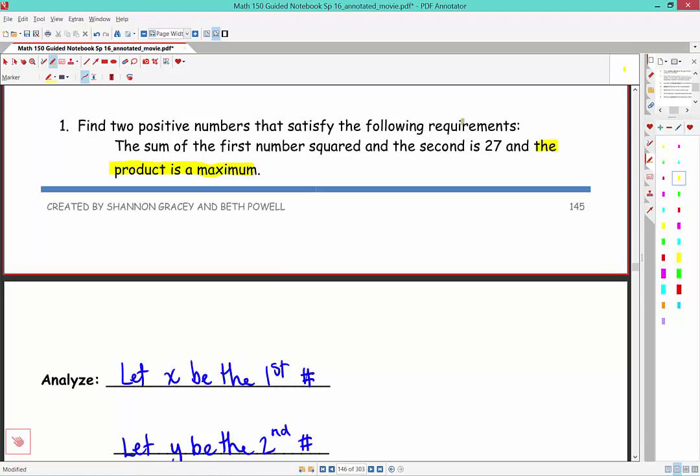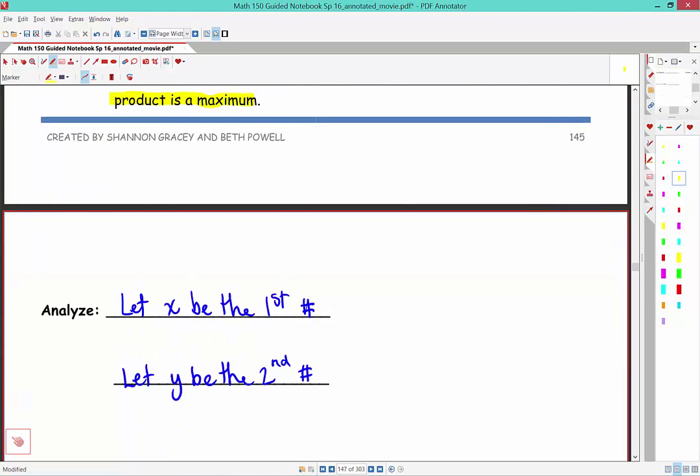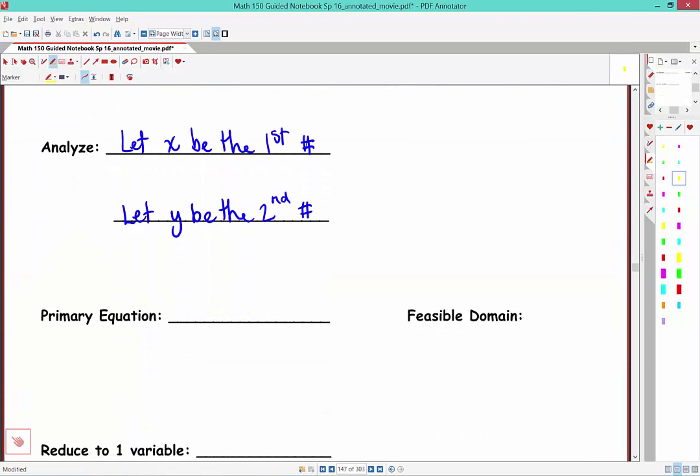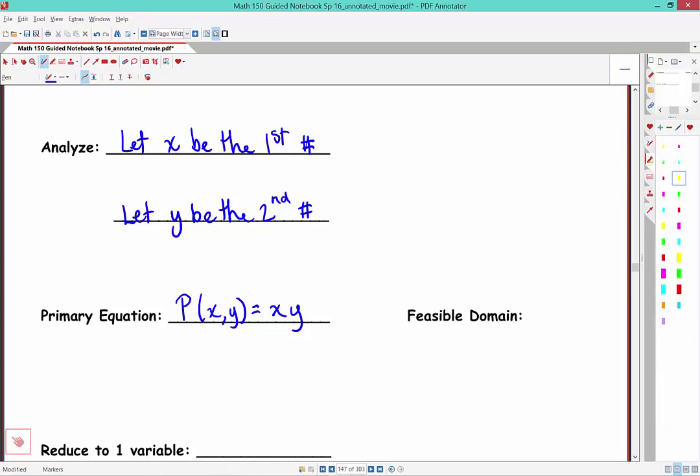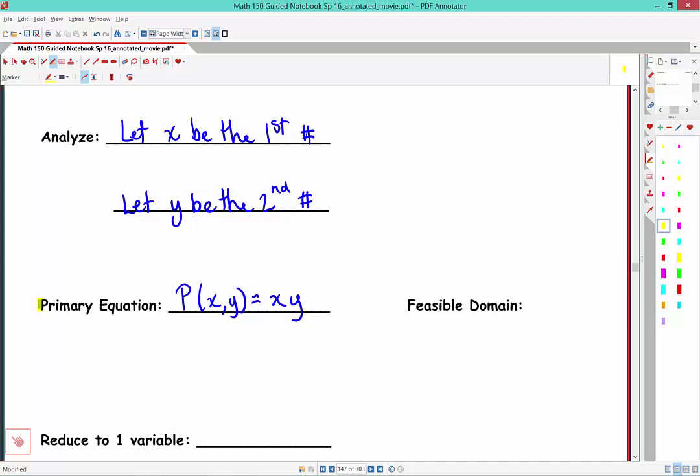We did not have any numbers there. So let's see what we have for our primary equation. Our primary equation would be P for product in terms of x and y is equal to x times y. The product is a maximum.